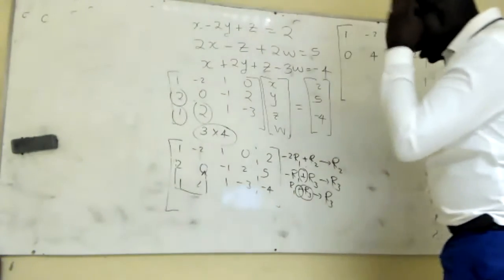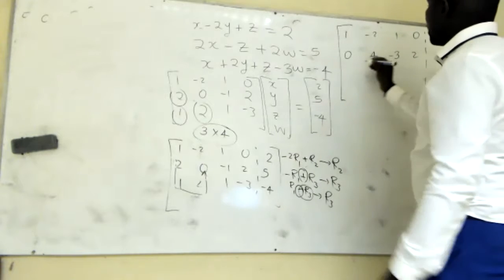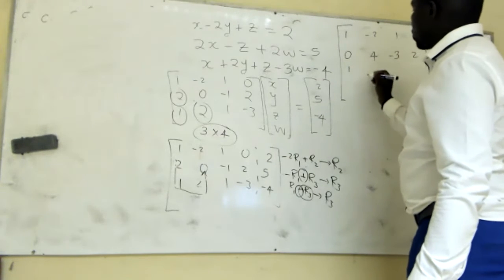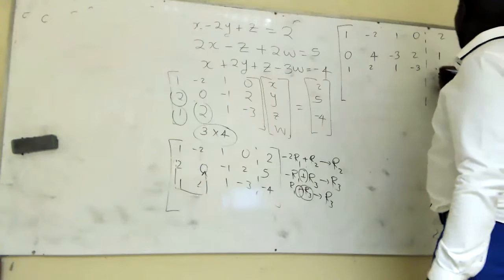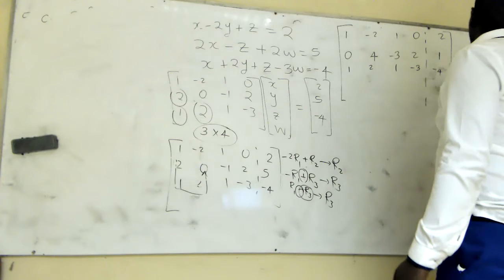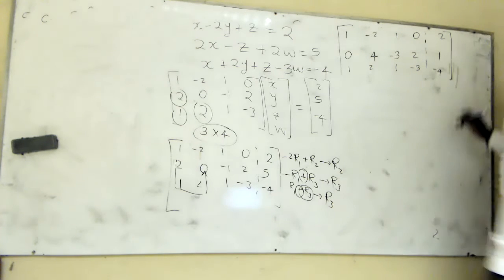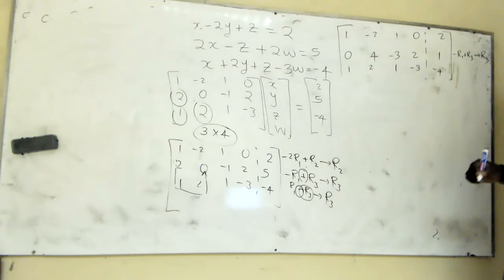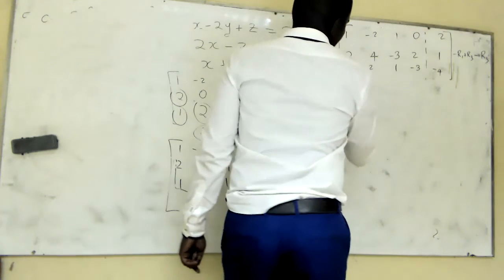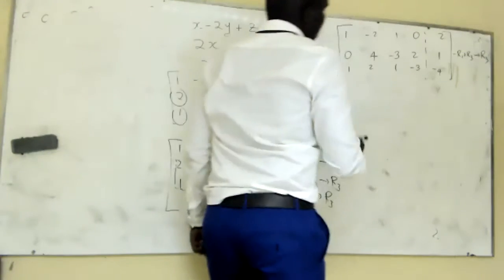And then we now have a new row 2, then row 3, we write it as it is. So it's 1, 2, 1, -3, and then -4. Then from there, we introduce this negative R1 plus R3 must give us R3, which is going to transform row 3.